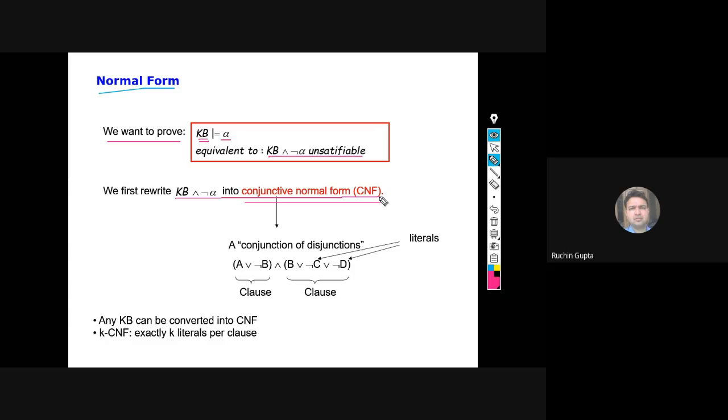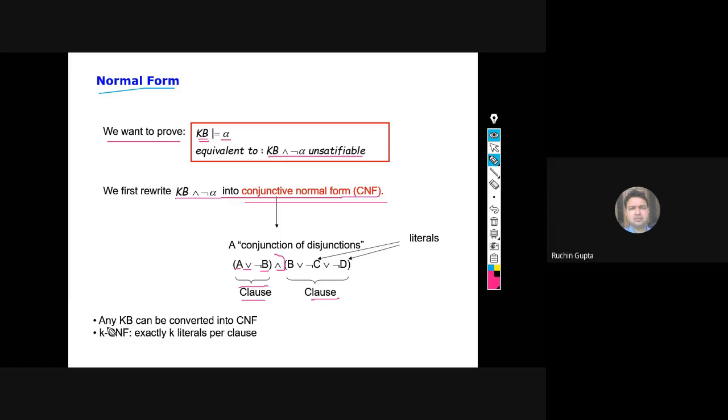Then we can apply the method of resolution. In CNF we have clauses, and these clauses contain propositional variables connected by the logical OR, that is, by disjunctions, and the clauses are connected by conjunctions.